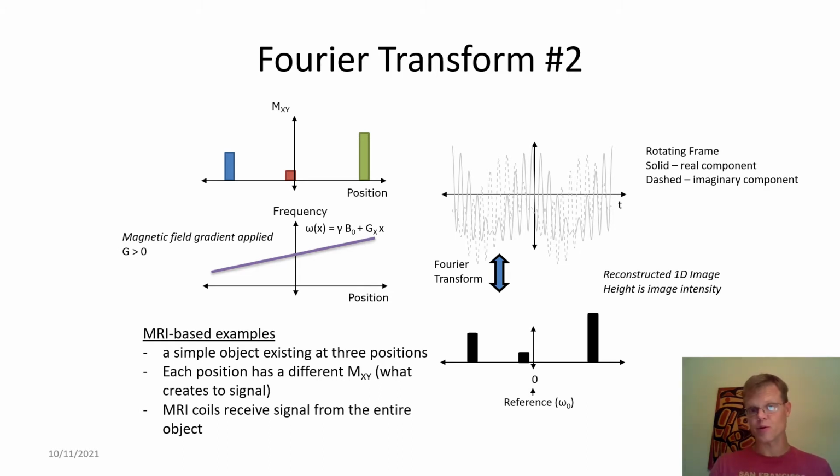Now here I'm showing both a real and imaginary component of the signal. This we typically interpret as the real component, the solid line, corresponding to mx, and the imaginary component corresponding to my.